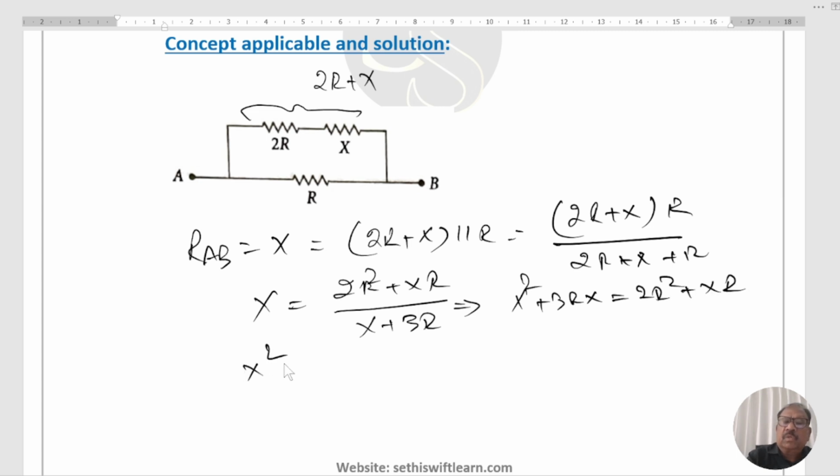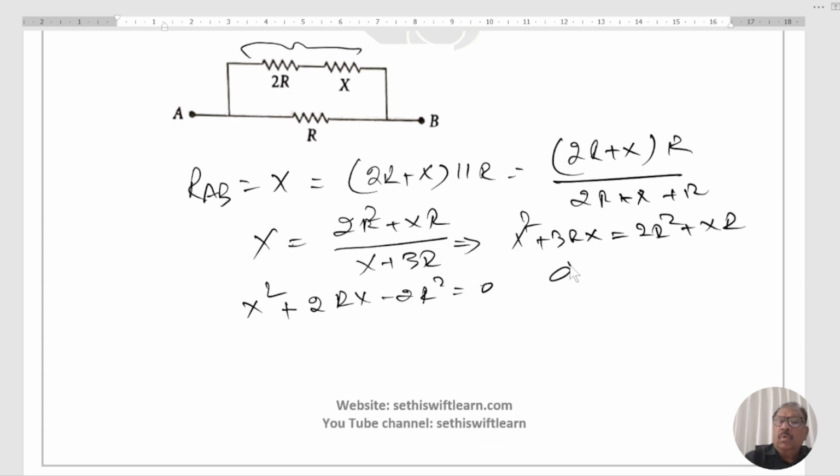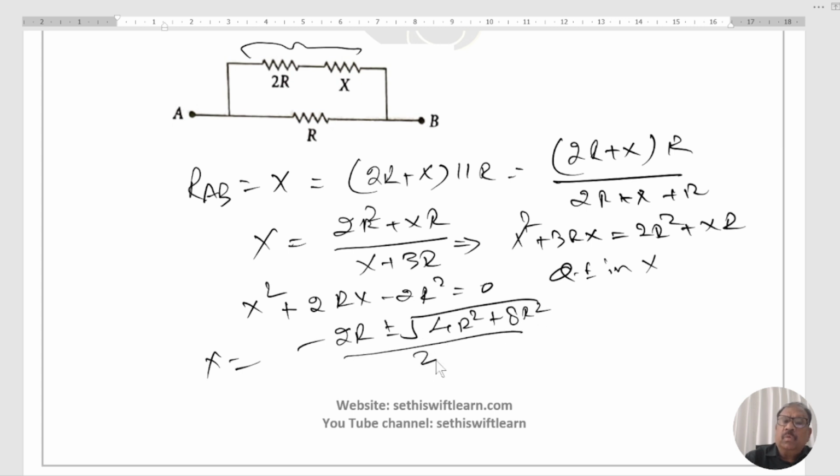So on simplification, X square plus 2RX minus 2R square, which is a quadratic equation in X. So X will be equal to minus B plus minus under root B square minus 4AC, which is 4R square plus 8R square, divided by 2A.